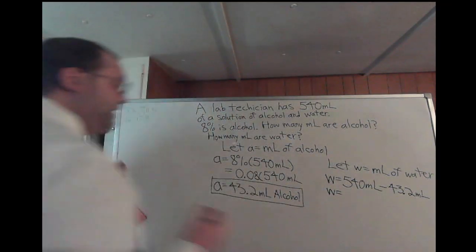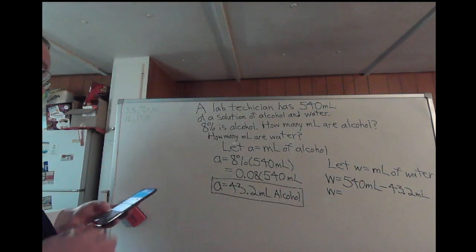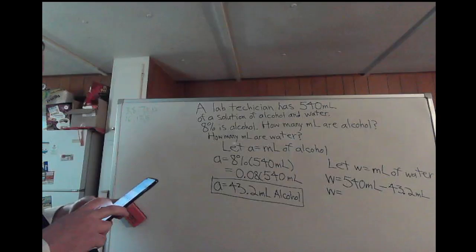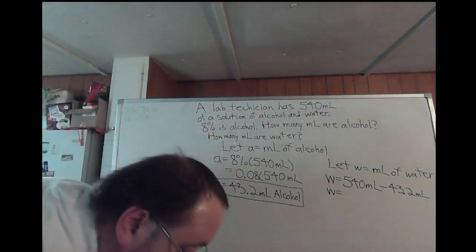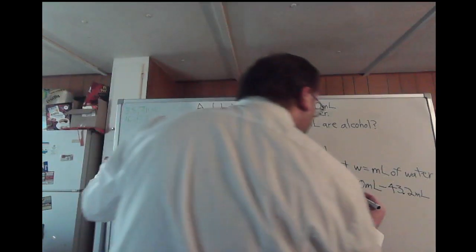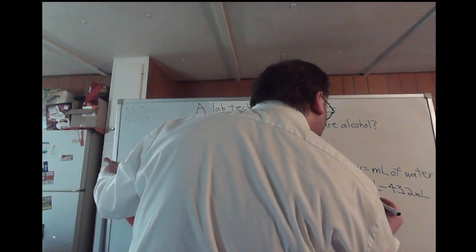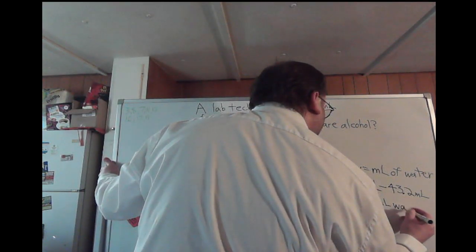So now we can put that into our handy dandy calculator and see what we get. So we're going to do 540 minus 43.2. You get 496.8. So you will have 496.8 milliliters water.